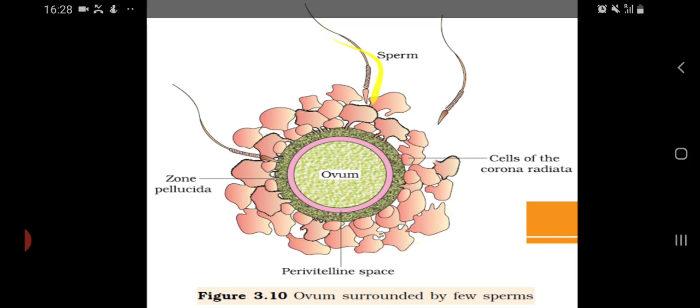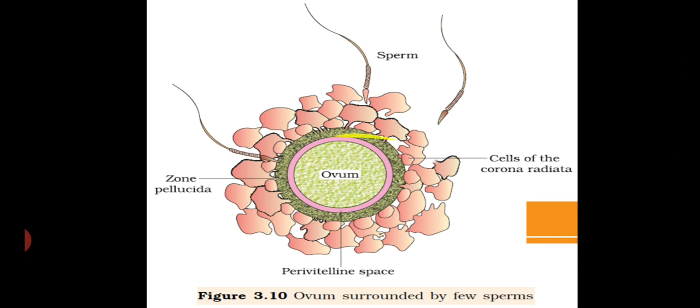First, the sperm comes to fertilize the ovum. Once a sperm comes in contact with the ovum, the others get blocked. First the corona radiata is ruptured, then the zona pellucida, and then it comes in contact with the ovum.